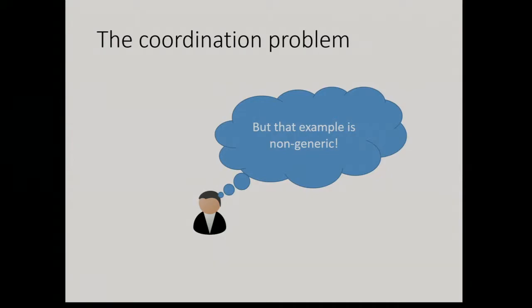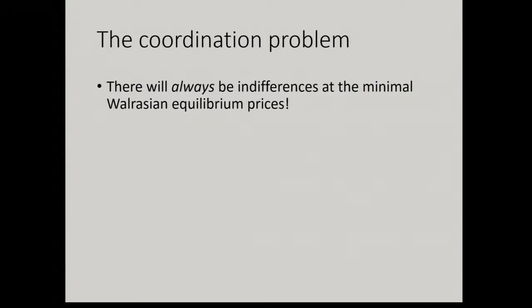And what this buyer means by his objection is that perhaps if the values are drawn from a sufficiently smooth distribution, then maybe with probability 1, there are no indifferences at the minimal Walrasian equilibrium prices. Maybe somehow we never expect to see indifferences, and this is something that can only happen if you're a computer scientist obsessed with worst-case measures. But that's not true, unfortunately.